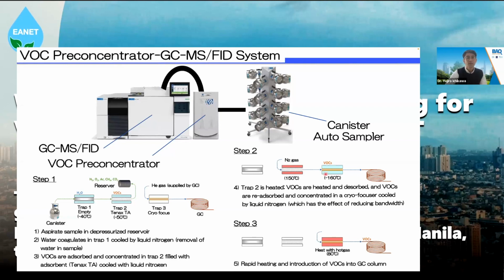And as for step 3, trap 3 is rapidly heated, and the VOC components will be sent to GC for analysis. And the GC system in our lab is a multi-detector, which installs a mass spectrometry detector and flame ionization detector. And we use different kinds of detectors depending on what kind of VOC components we are analyzing.